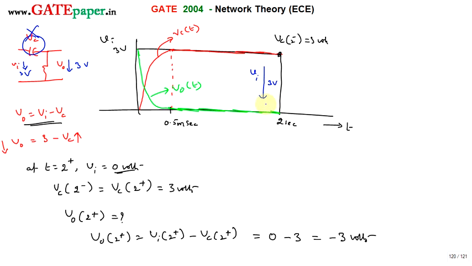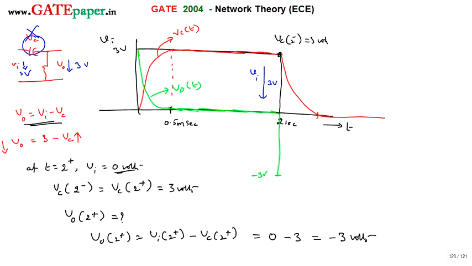So now the output voltage can be drawn like this. This is minus 3 volts, and afterwards, as time progresses, you are applying 0 volts. So the capacitor discharges to 0 volts through the same time constant.